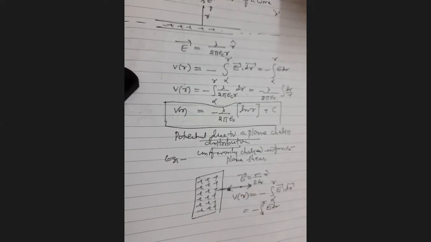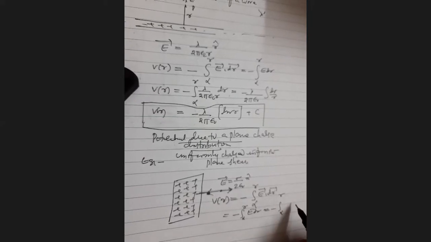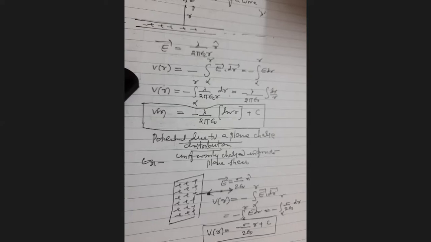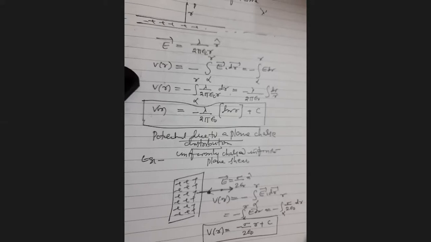E bar dot dr bar equals E dr cos 0, which is E dr. That equals minus integral infinity to R of sigma by 2 epsilon naught into dr. So V of R equals minus sigma by 2 epsilon naught R plus C, where C is some integration constant. This is the expression for electric potential due to a plane charge distribution.